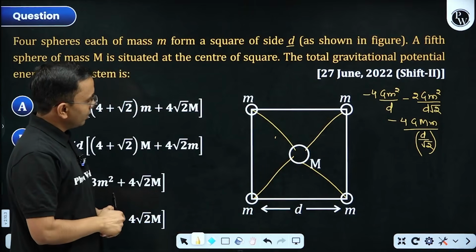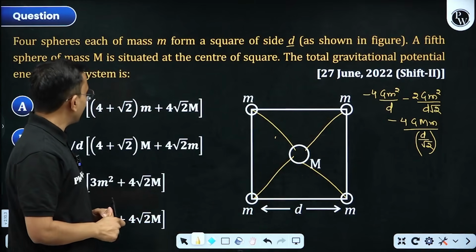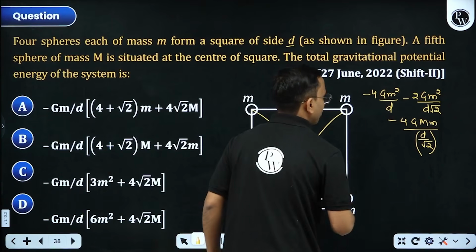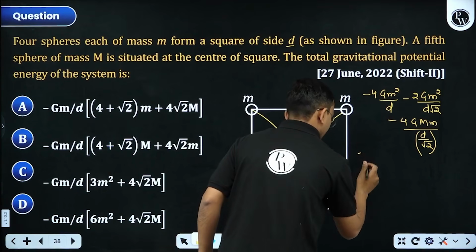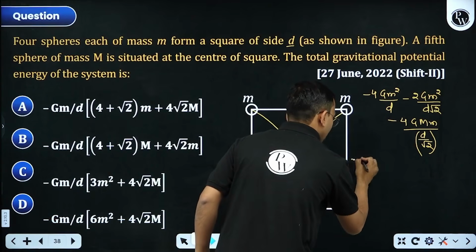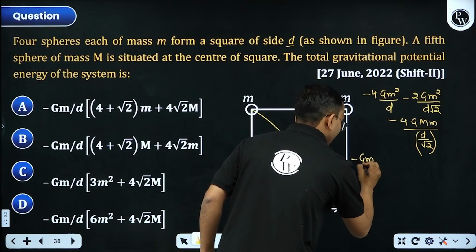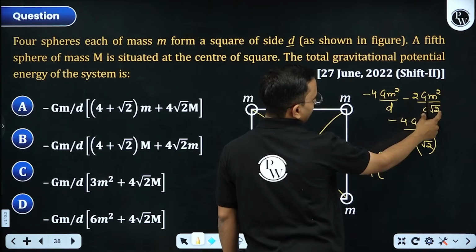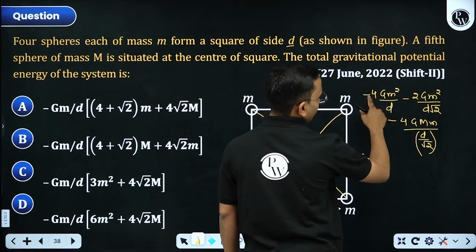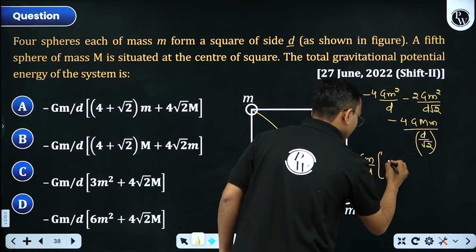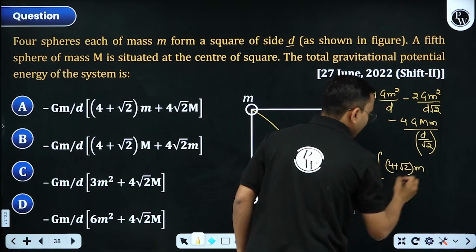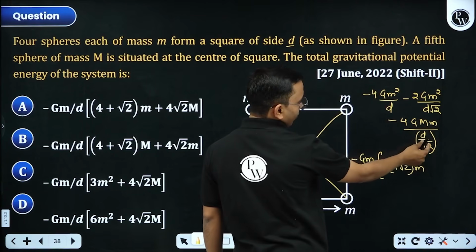Everything is fine. What do we need to take common? Gm by d. So taking minus Gm by d common, inside with small m it will become 4 plus root 2, and with capital M it will become 4 root 2.